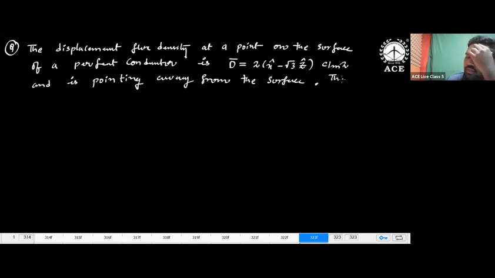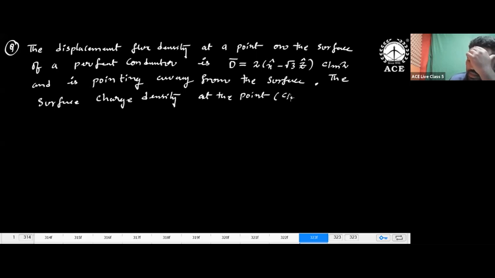The surface charge density at the point, in coulomb per meter square, will be. Options are: A, option B 4 minus 2, option C 4, option D minus 4.